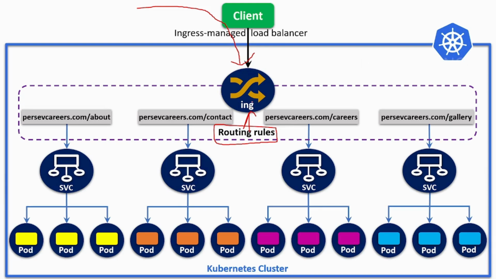The Ingress controller will validate the user request against the routing rules, and according to the direction specified, it will direct: user asked about, go to this service; user asked gallery, go to this service; user asked careers, go to this service; user asked contact, go to this service. And in turn, the service will forward the traffic to the corresponding pods, correct? Clean. So this is the job of the Ingress controller.